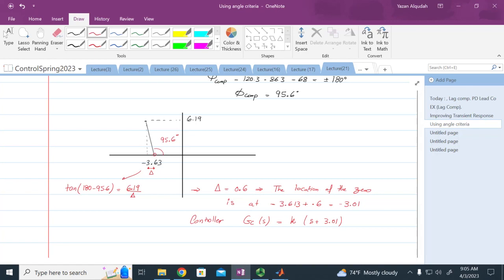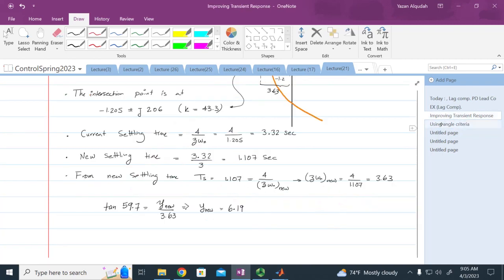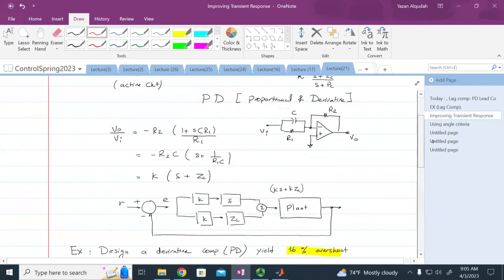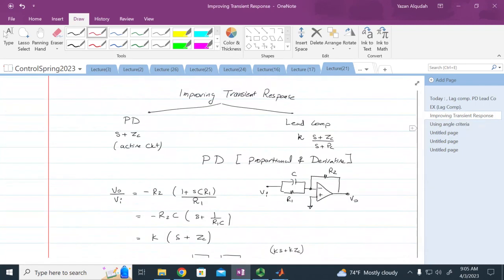Where are we going to place the pole for this controller? There's no pole for this controller. Why? By design, because we are using a PD compensator. It only has a zero. There is no pole.